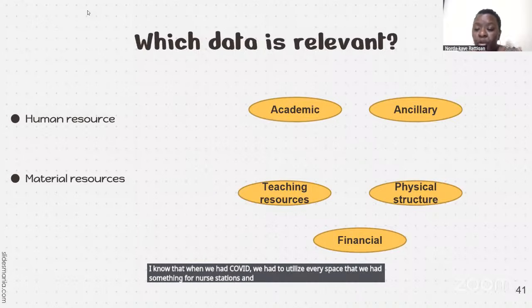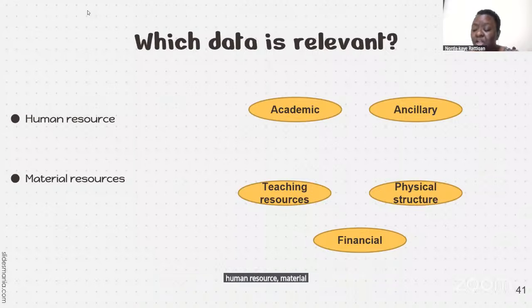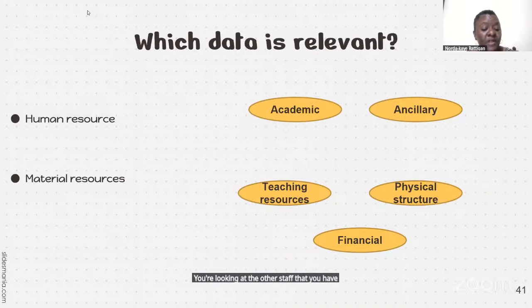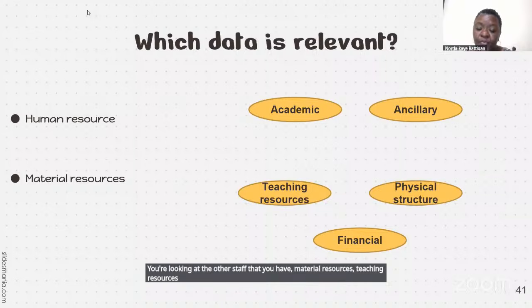So, how do you pull on your resources? And when we talk about resources, we're not only talking about human resources, but material resources and financial resources. So we're looking at human, pulling on the academic, the other staff that you have, material resources, teaching resources, the physical structure you have to work with, and the money that you have to spend in the kitty.